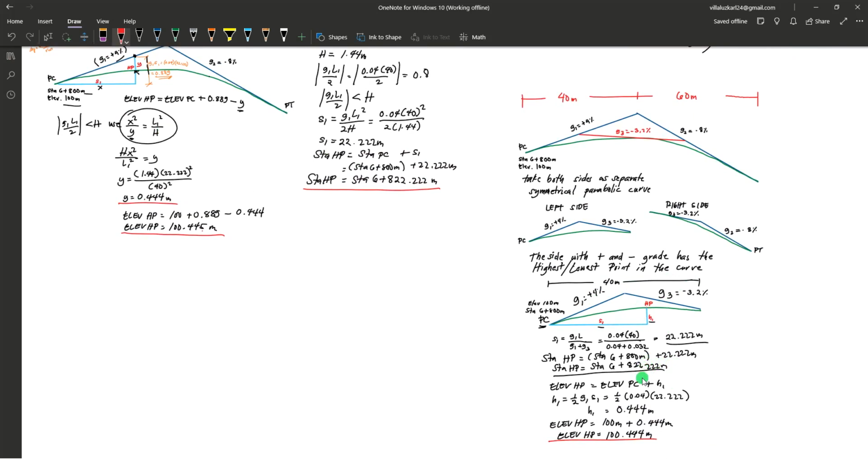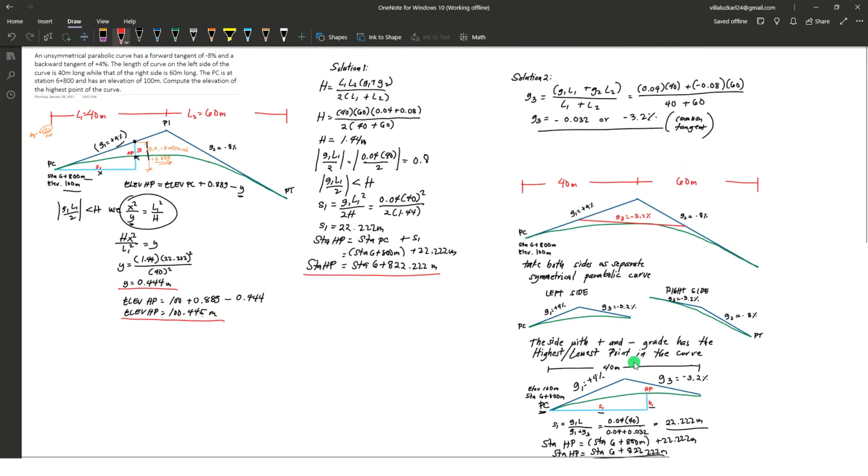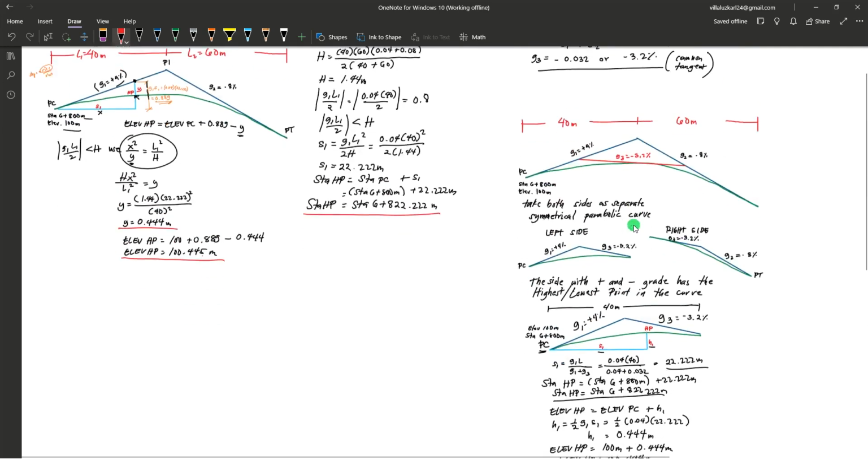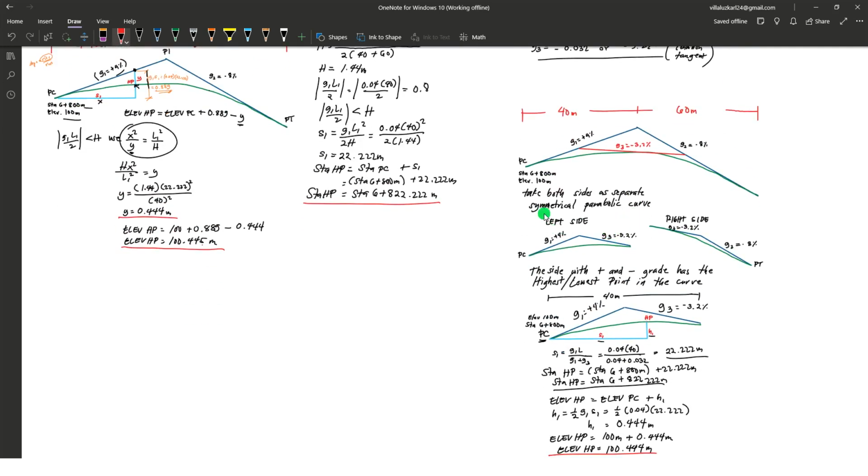But I think the most reliable solution is this second solution, where we compute the grade of the common tangent and just take them as separate symmetrical parabolic curves. Okay, so let's proceed to the last example.